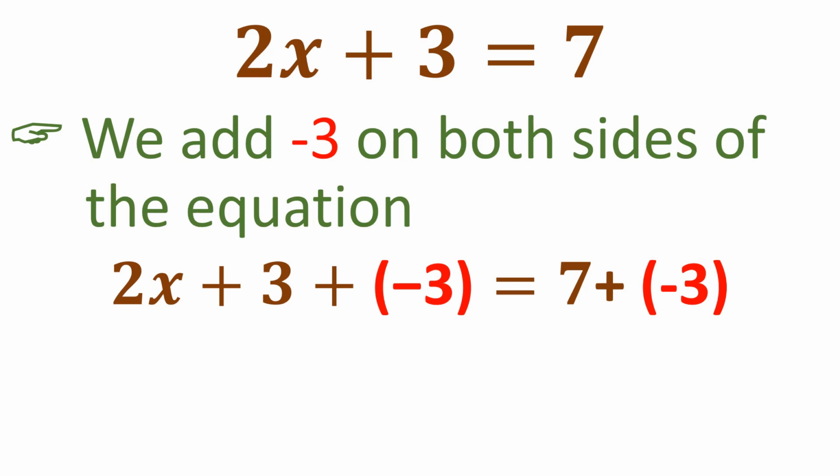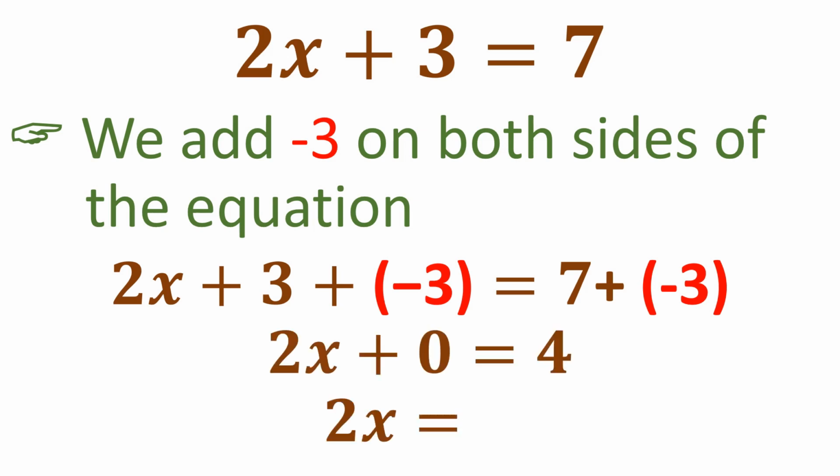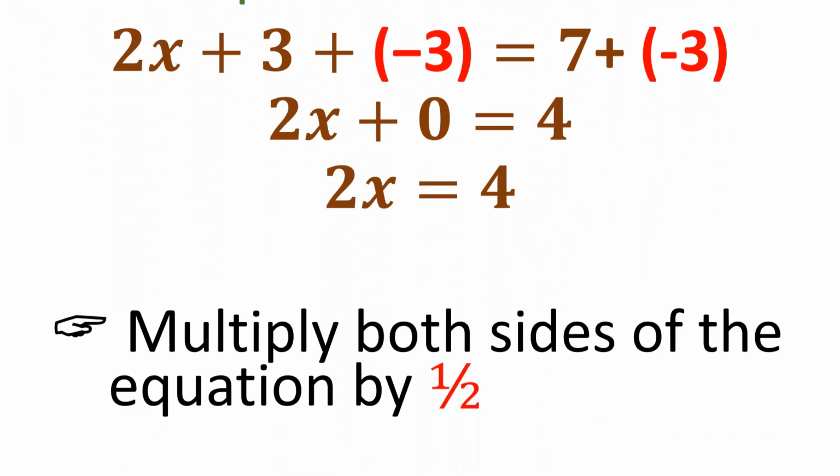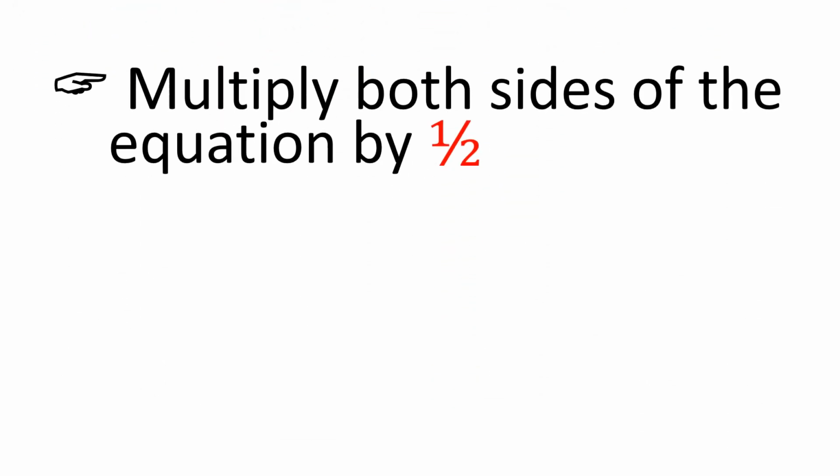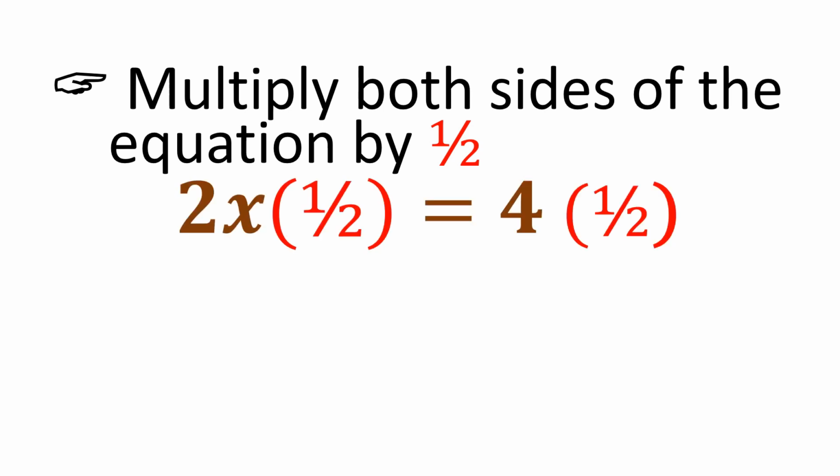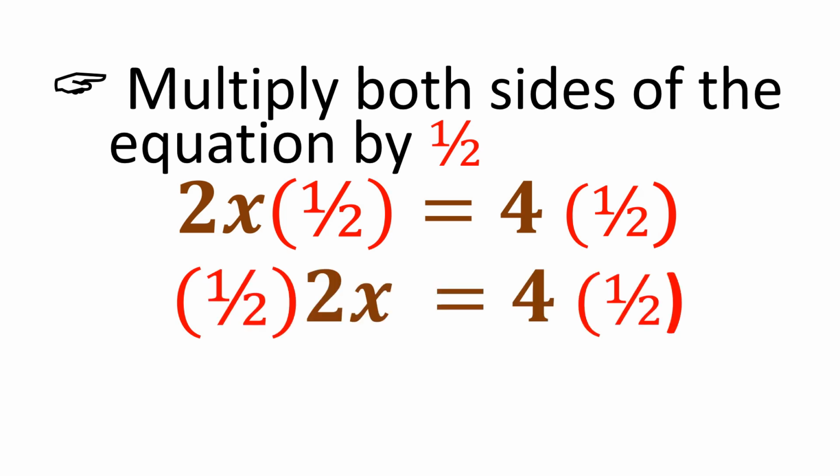We get 2x plus 0 equals 4. 2x equals 4. Next, we multiply both sides of the equation by 1/2. 2x times 1/2 equals 4 times 1/2. 1/2 times 2x equals 4 times 1/2. After simplifying the terms we get x equals 2, or the value of x is equal to 2.